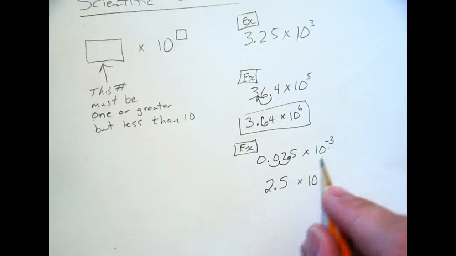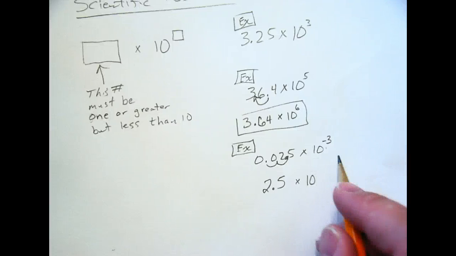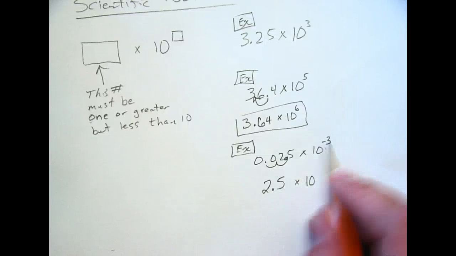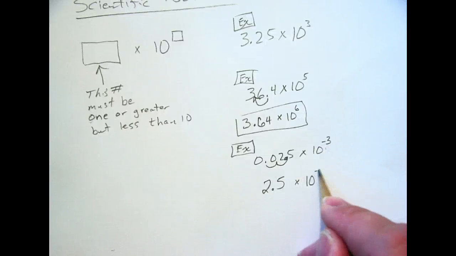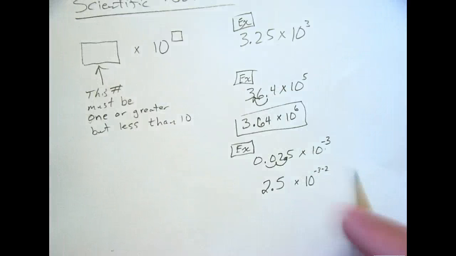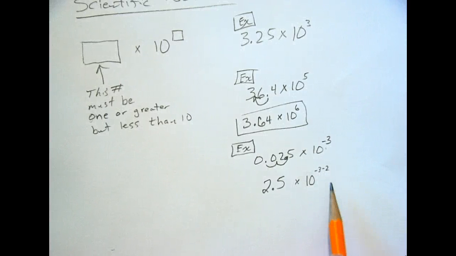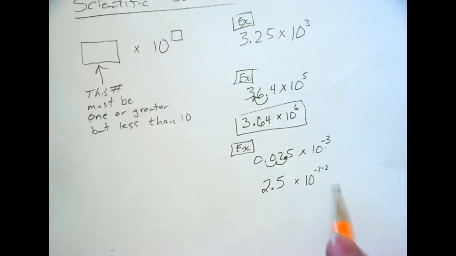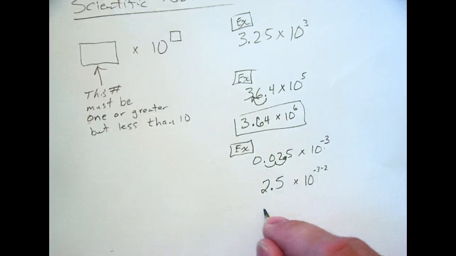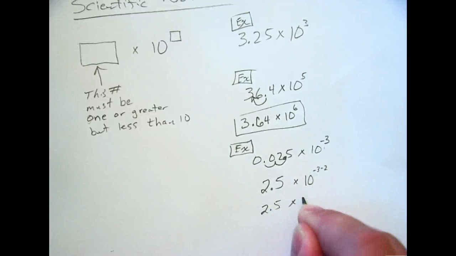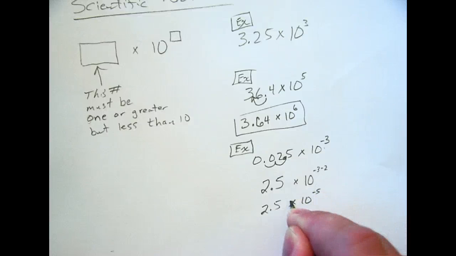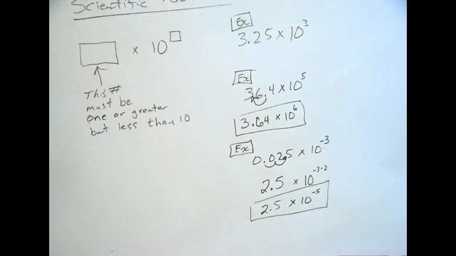Now when you get smaller, are you moving towards 0 or away from 0 in terms of negatives? You're getting further from 0, right? So I'd have to subtract 2 from that. So it'd be negative 3 minus 2. So if you struggle with those negatives, which some of you did, write it out like that to begin with and then do the math. Negative 3 minus 2 is negative 5. Okay, you know where your strengths and weaknesses are.